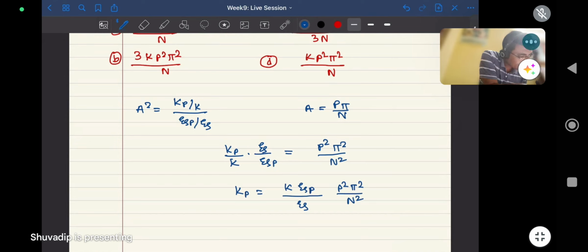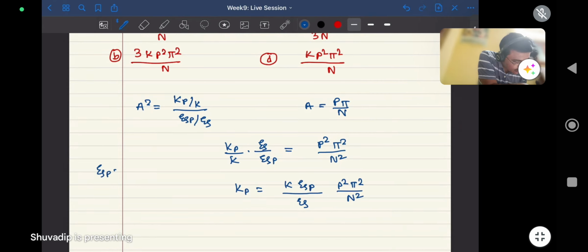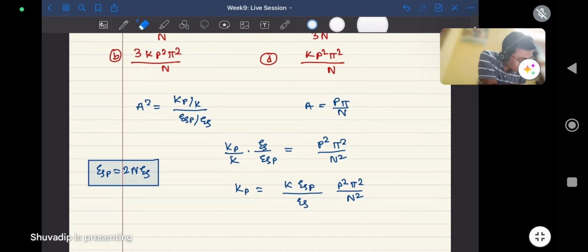Now we want to use the relation for xi p; please see the lecture to find out how this is derived. Xi p is 2N xi. If you put that here, kp is k into 2N into xi by xi, times p squared pi squared by N squared.